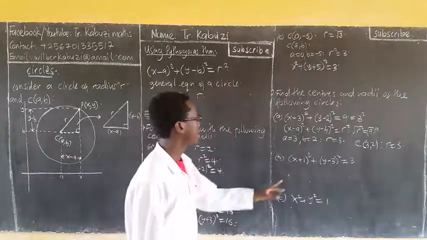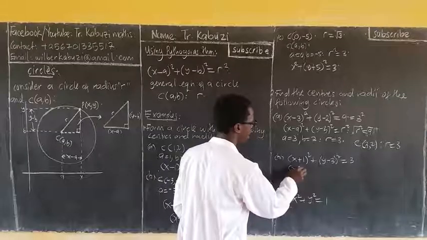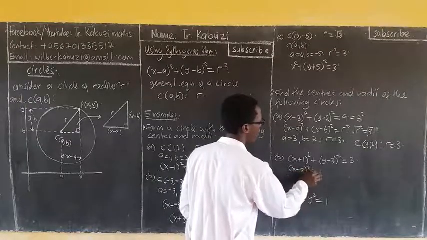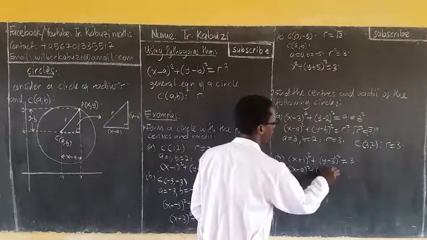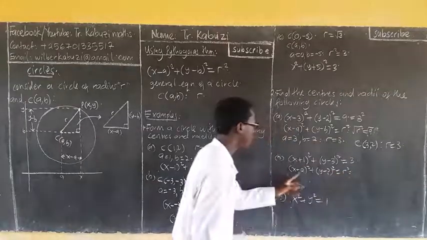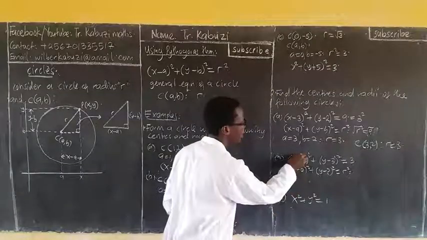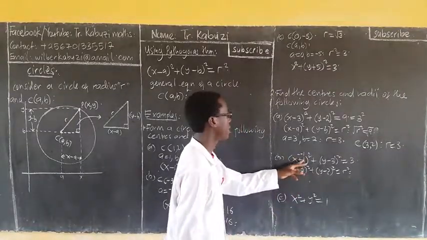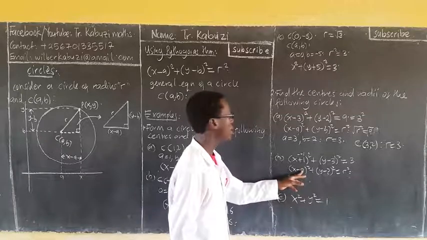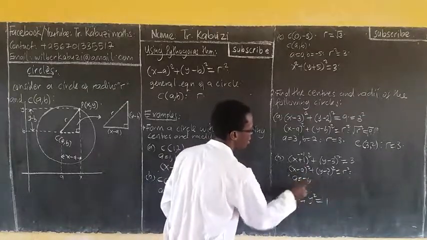Now when I come to this, I will compare this with (x minus a) squared plus (y minus b) squared equal to r squared. You see, now this a is negative. This one is the same as negative negative 1. So if this is positive, it means that the value of a was negative, so a will be negative 1.